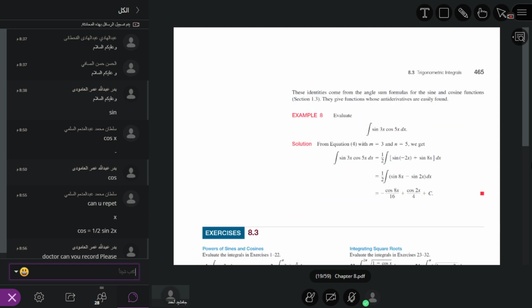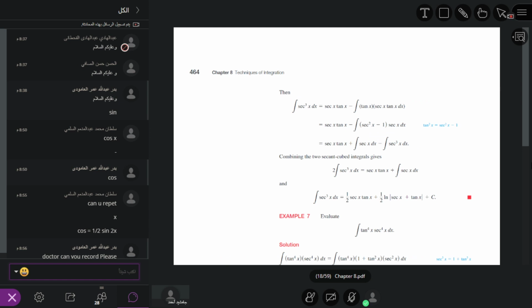So here you can see we have sine 3x cosine 5x. Which formula will we use here? Among formulas 1, 2 and 3, which one is applicable?